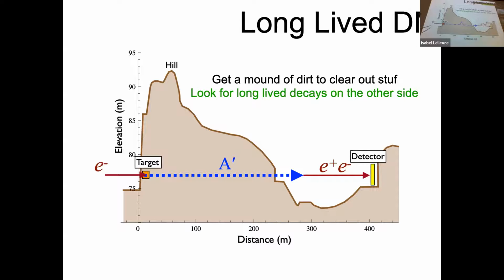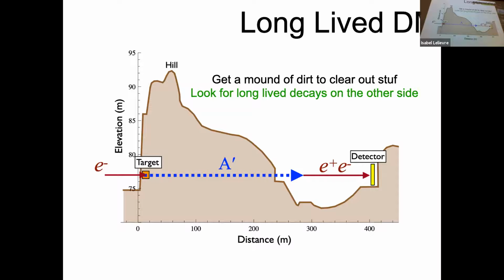They made a super intense electron beam. This is at SLAC. And then they fired this beam into a hill. And then they put an experiment on the other side of the hill. And they just looked for dielectrons, right? So the idea is that you produce a dark photon, your dark photon lives for a few hundred meters, and then the dark photon decays and you look for 2 electrons.